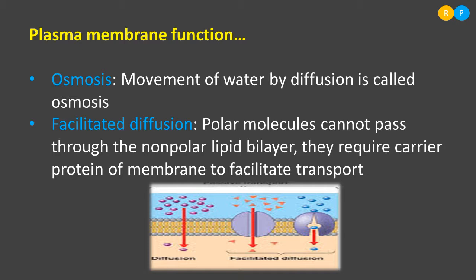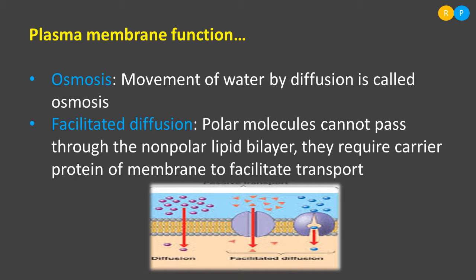Water soluble molecules find it difficult to cross the lipid bilayer. In such a case, protein channels facilitate the movement of such molecules. So they take the help of protein channels in order to cross the plasma membrane.